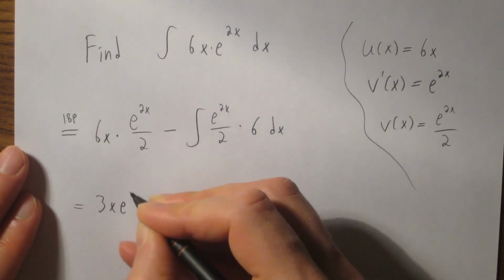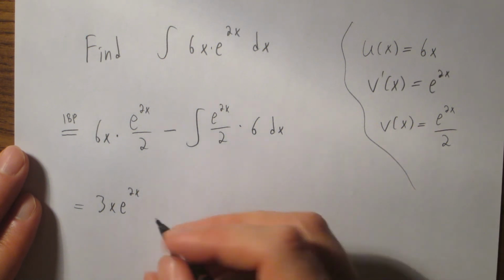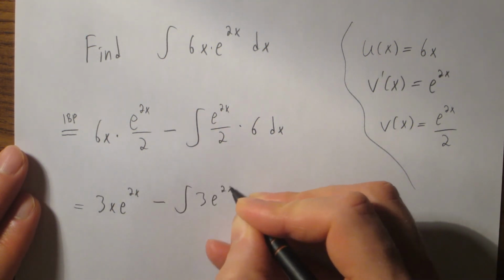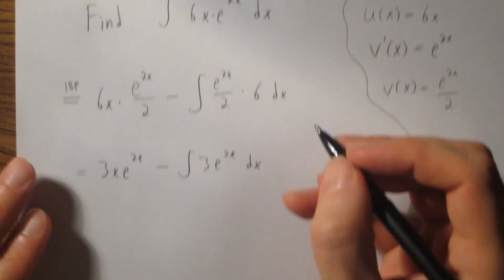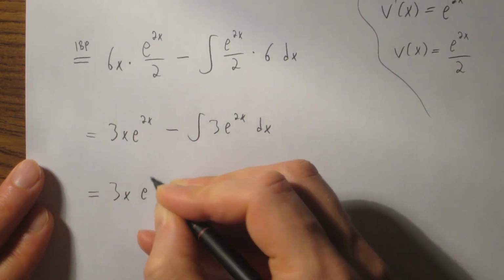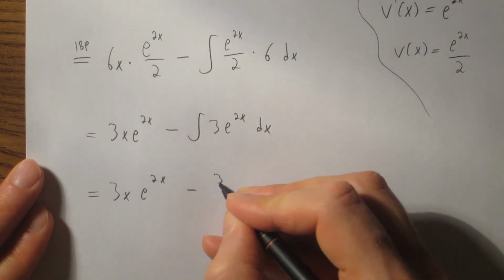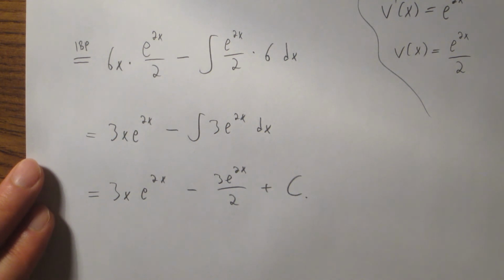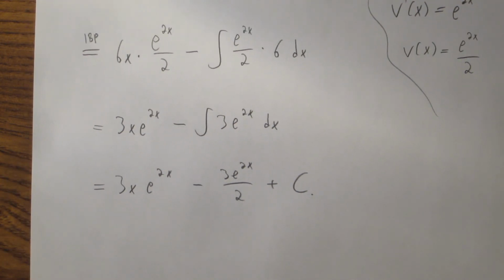We have 3x e to the power of 2x minus the integral of 3 e to the power of 2x. And that is a nice integral, because here you can just think backwards immediately. Don't forget the C, which stands for an arbitrary constant when you give your answer.